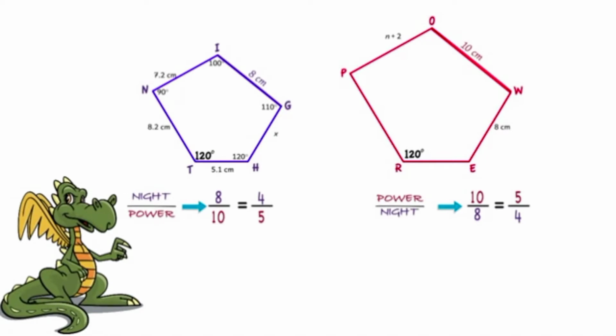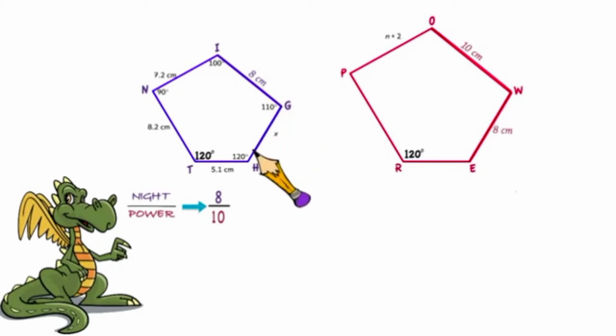Now, how can we use this information? We know that the side WE measures 8 centimeters, so we can find the length of GH by setting up a ratio, since GH is the corresponding side in NIGHT. The ratio of NIGHT to POWER is 8 to 10, and x and 8 are the corresponding measurements.